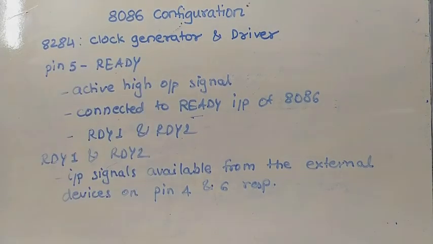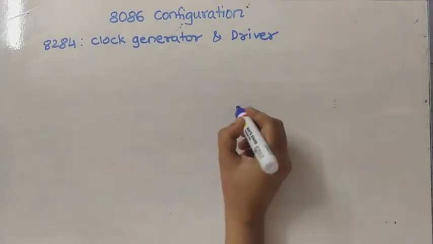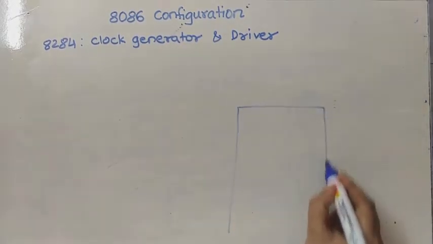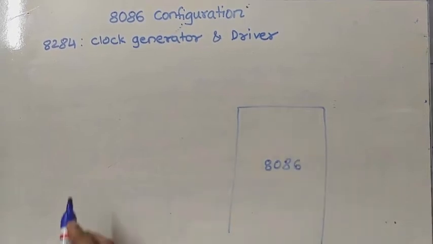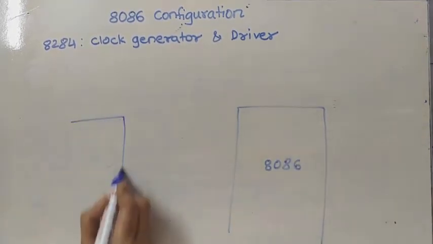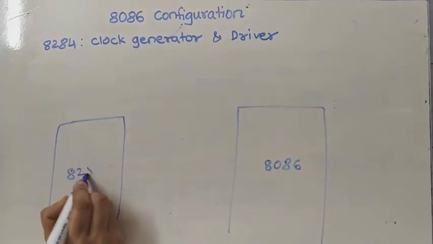Now we'll see how the connection is made between 8284 and 8086, means the configuration of 8284 with 8086. Here we are having our 8086, and let's consider we are having 8284.